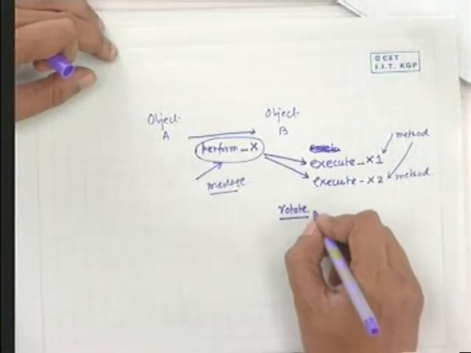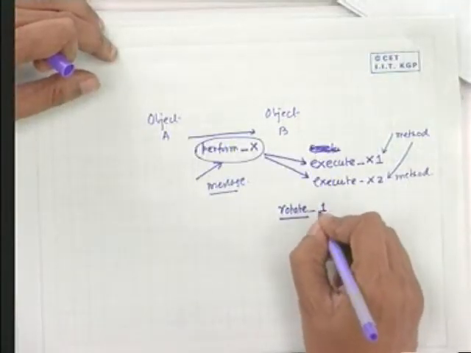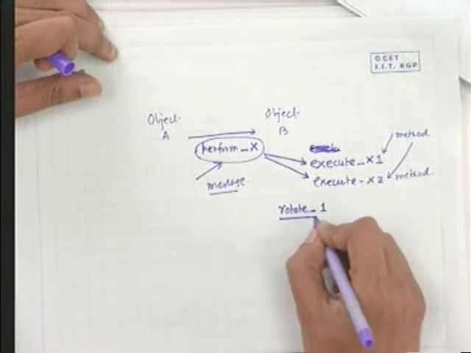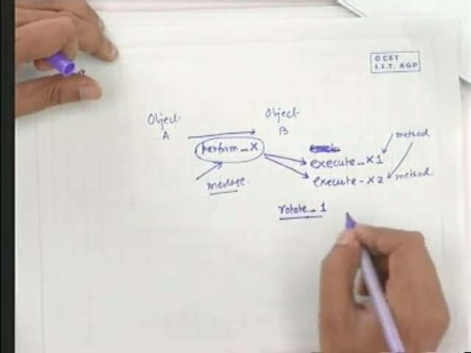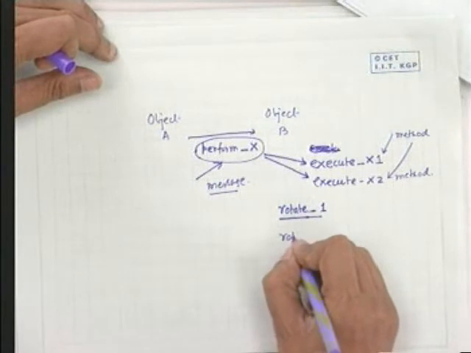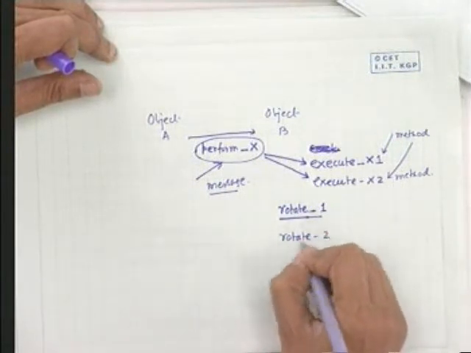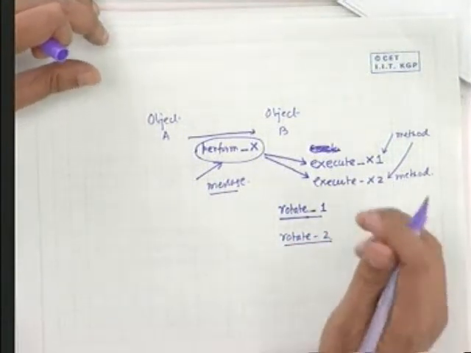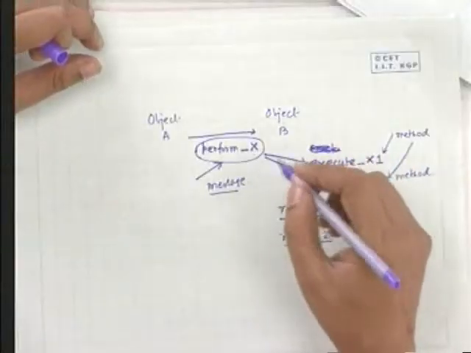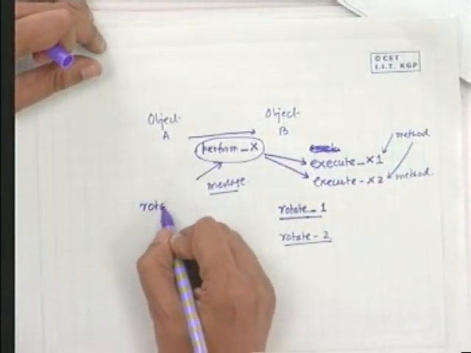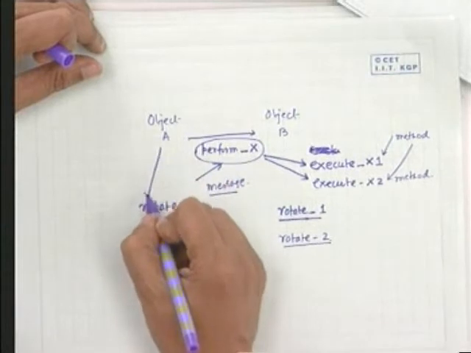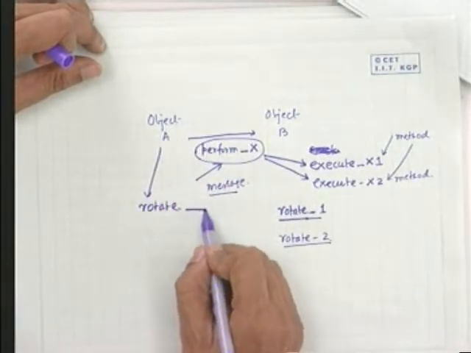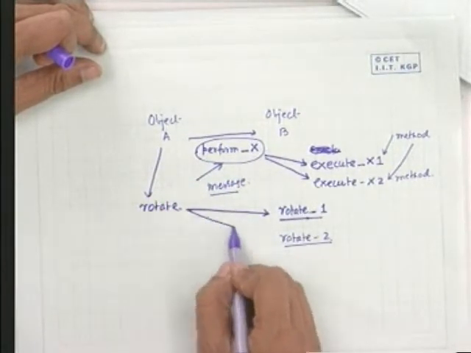We can have one C++ function, rotate1, and another C++ function, rotate2. Both are capable of rotating the triangle by a certain angle. Given the message rotate by the object A, it can be implemented either by rotate1 or rotate2.